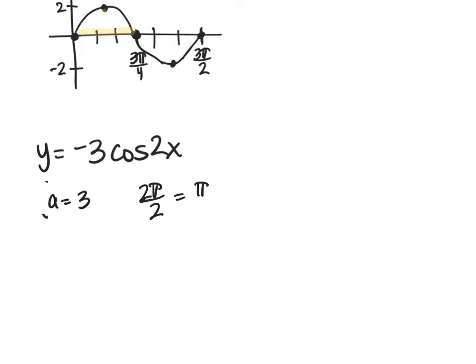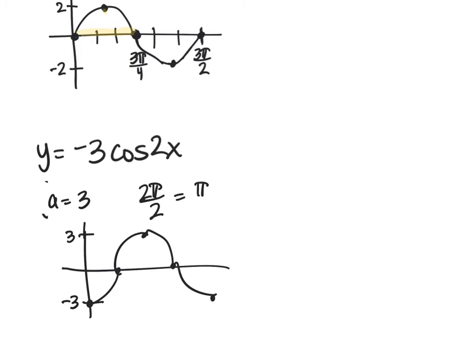On this one with cosine, because it's negative, I'm starting at -3. So down here at -3, this is my first point. And then I know it goes up to the max, which would be at 3, back to 0, and back down here to the min. I know this is the shape because that is a cosine.